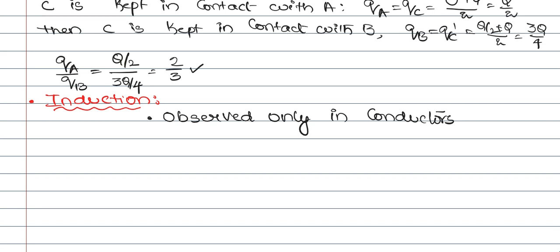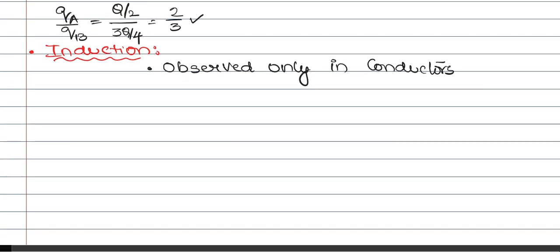Here we'll use a concept called grounding. Suppose we have a positively charged object or a positively charged rod.